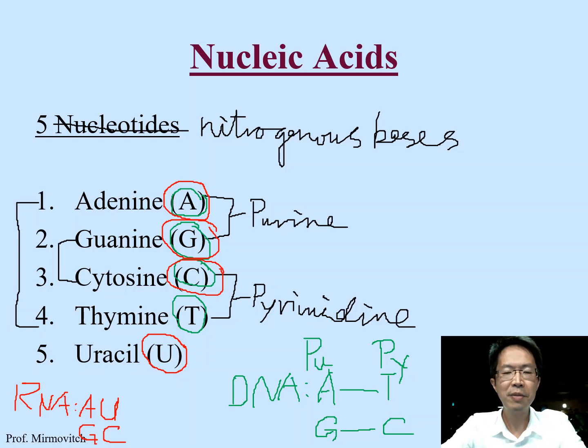So how do you memorize the base pairing rule? Very simple. Remember in West LA College, we have the GC building. GC building stands for General Classroom, right? So you can call it the GC building or the General Classroom building.